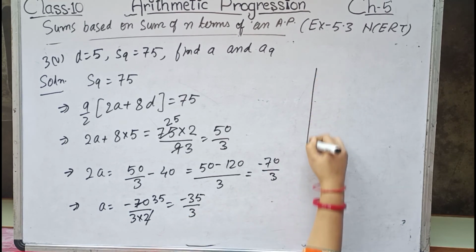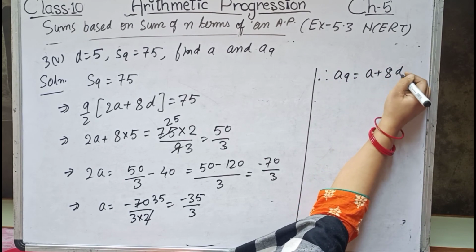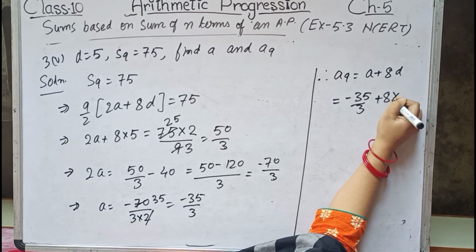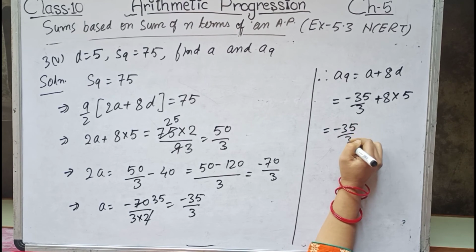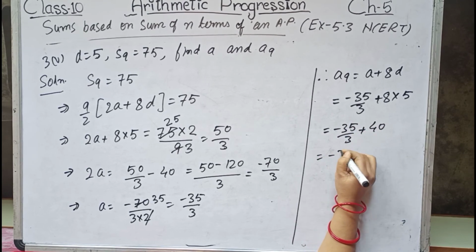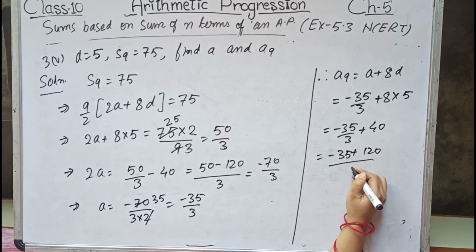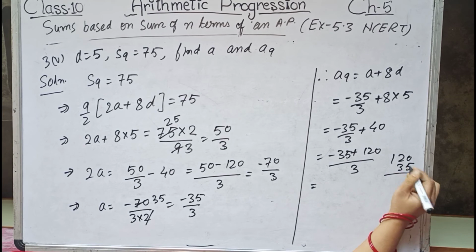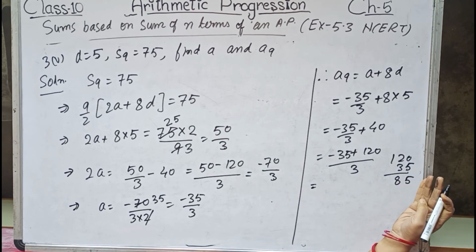Okay. Therefore, A9 equals A plus 8D equals minus 35 by 3 plus 8 into 5 equals minus 35 by 3 plus 40 equals minus 35 plus 120 by 3 equals 120 minus 35, 10 minus 5 is 5, and over here 11 minus 3 will be, I think, 8. 3, 4, 5, 6, 7, 8, 9, 10, 11.